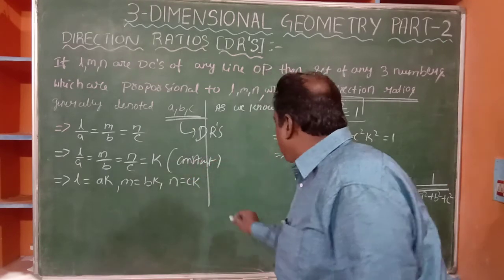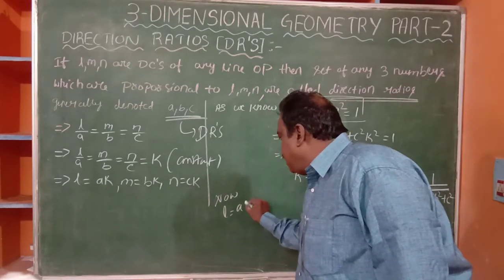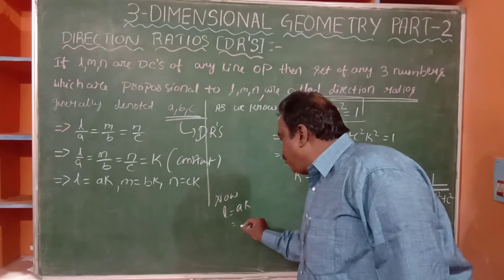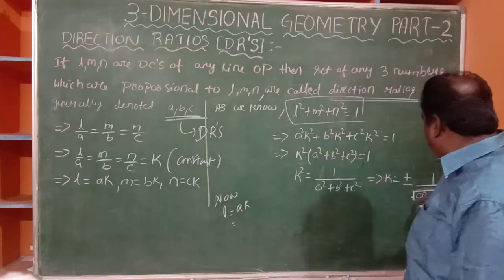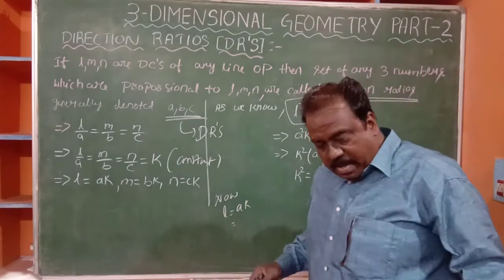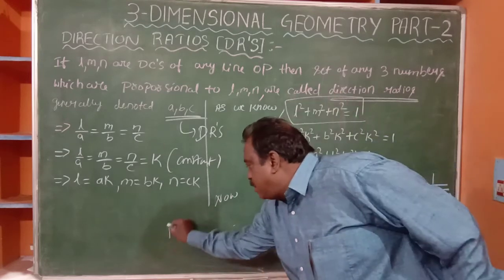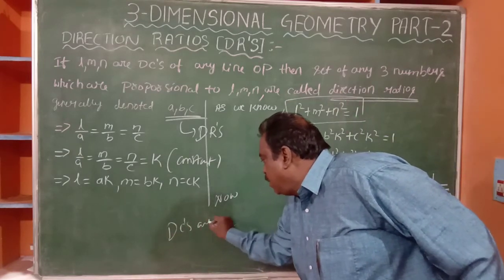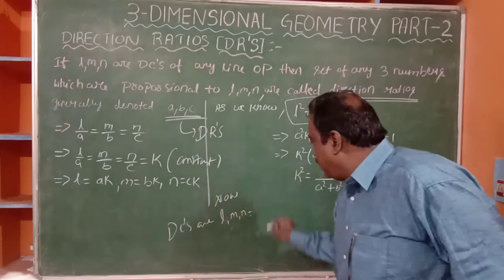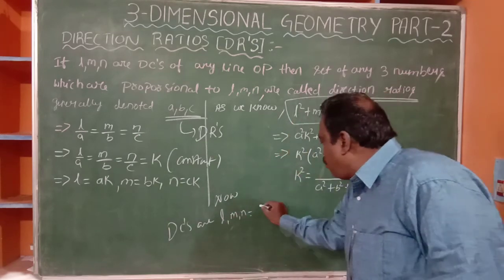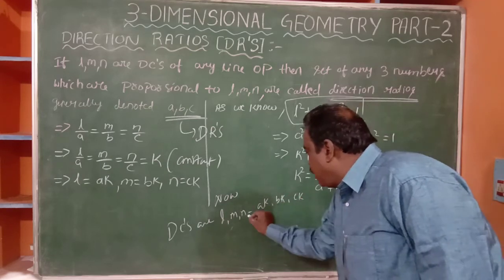Now, what is L? It is AK, meaning A into K, which is 1 by something. So we may write here: L is AK, M is BK, N is CK.